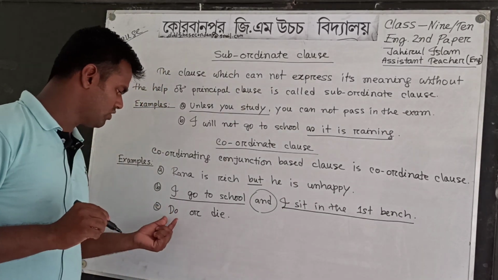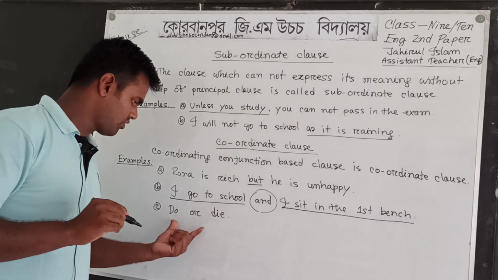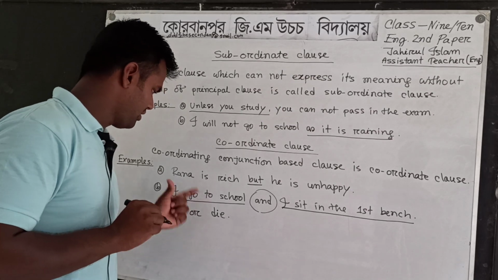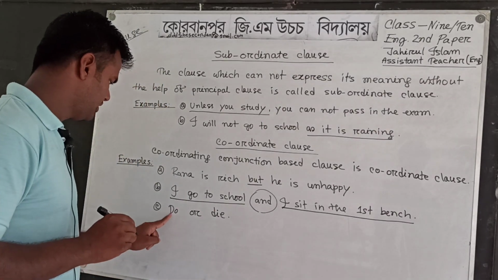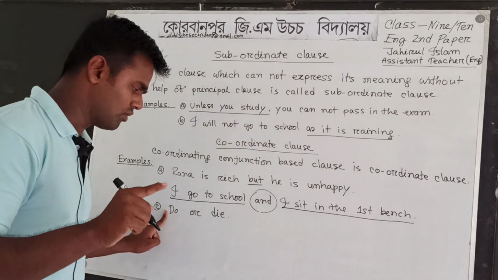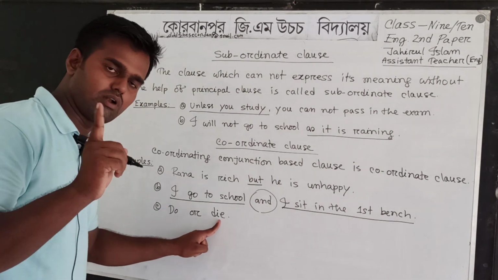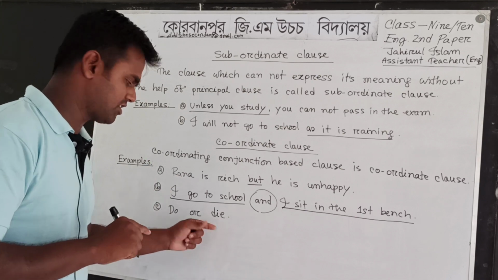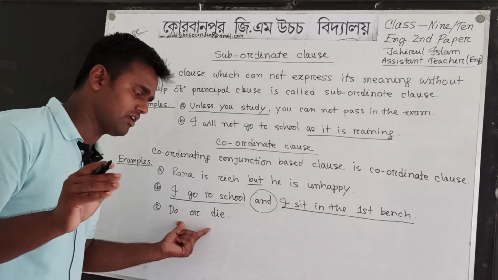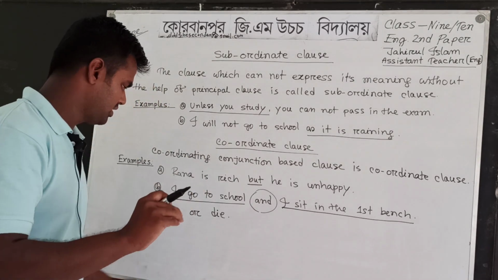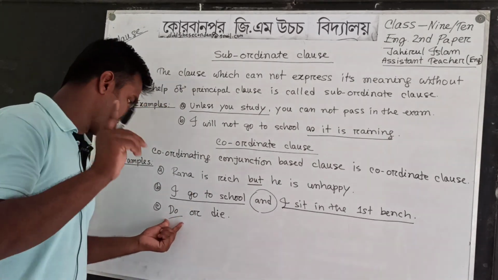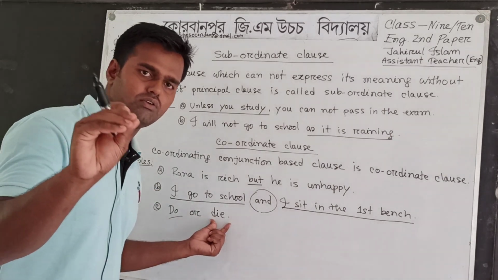And another example: do or die. Before do, there is a subject, and the subject is you. And before die, there is also the same subject, you. That means it is actually an imperative sentence. However, do is a sentence, and die is also a sentence.